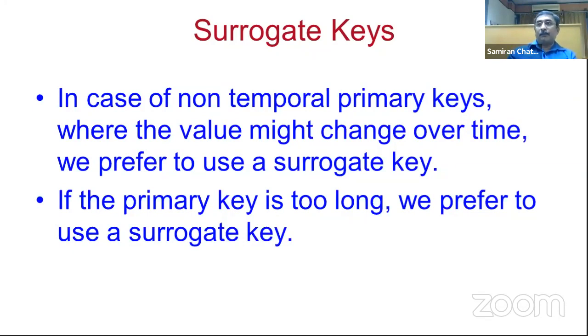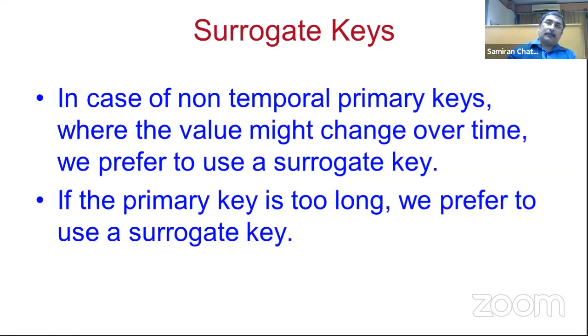For example, it is used as an index so that you can reach a particular record very easily. If this primary key is very large, let's say 1,000 bytes long, then using it as an index is a very difficult proposition, and we cannot use that. So in that case, we use an external surrogate key.